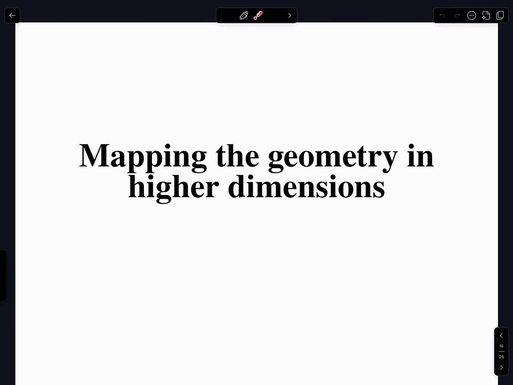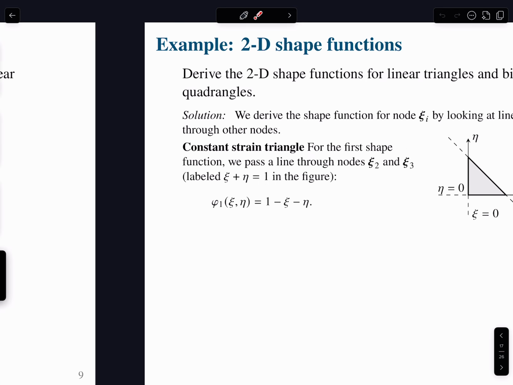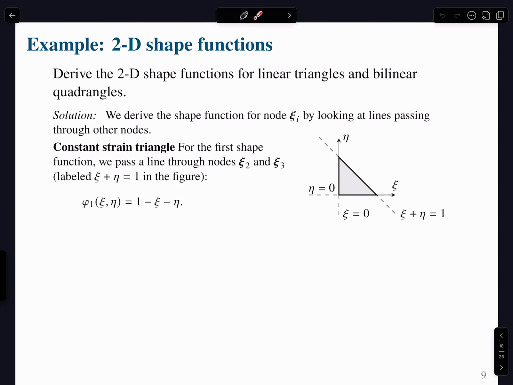Okay, now let's move to higher dimensions. Let's see what happens when we look at the shape functions, and we start with the triangle and quadrangular elements. And it is actually not so difficult to derive these shape functions, right? So the idea is, if I want my canonical element to look like this, where this is my master element space, this is my first coordinate xi, this is my second coordinate eta, right?